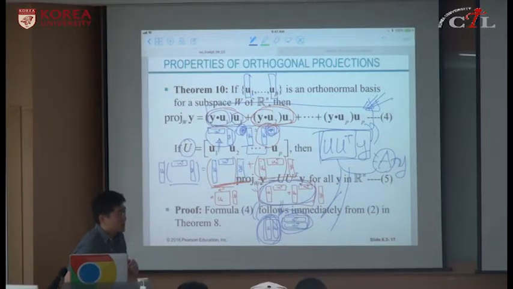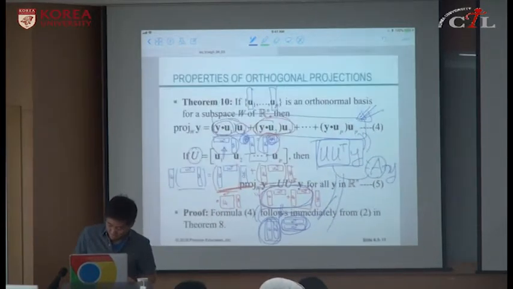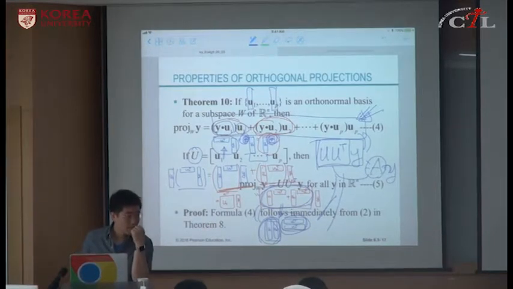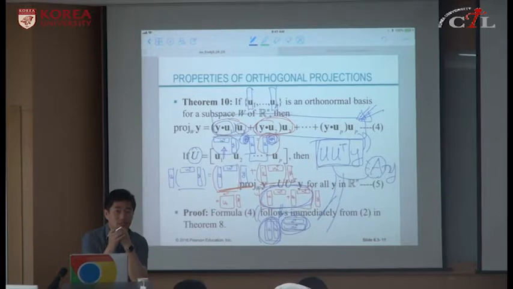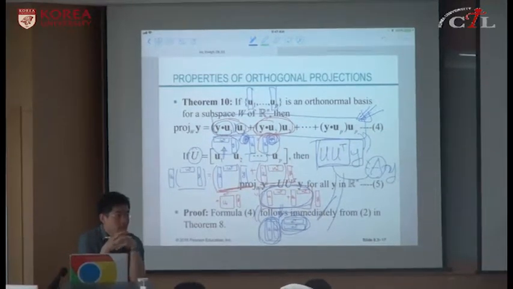So this matrix, U U transpose, will be the linear transformation matrix that gives you the orthogonal projection of any given vector Y. So this is represented as a matrix multiplication with the input vector, and that means this is a linear transformation of these vectors.